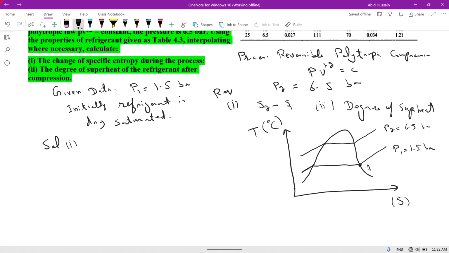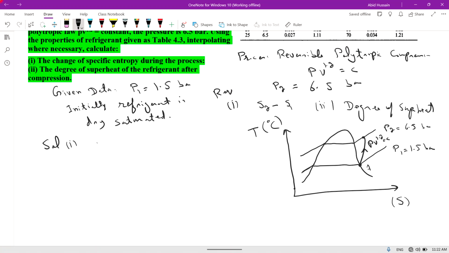If we find V2, we can exactly say that this is in the superheated region, so the second state will be somewhere here. This is a polytropic process, PV^1.2 is equal to C.